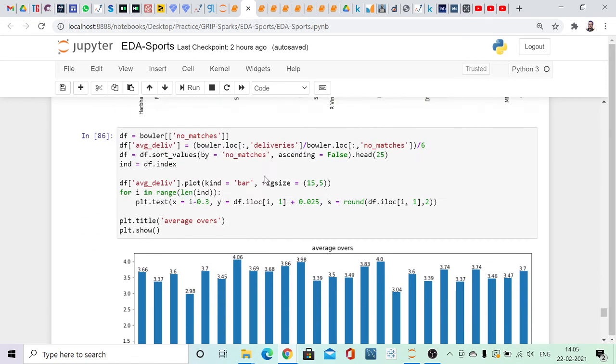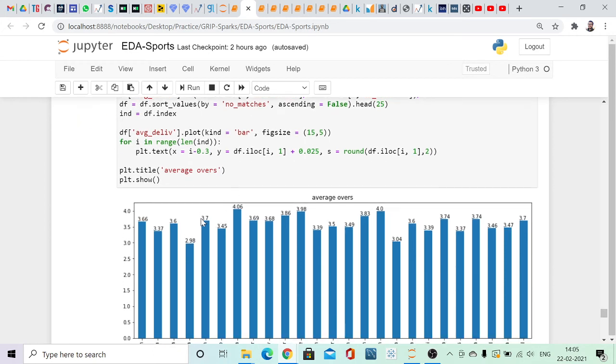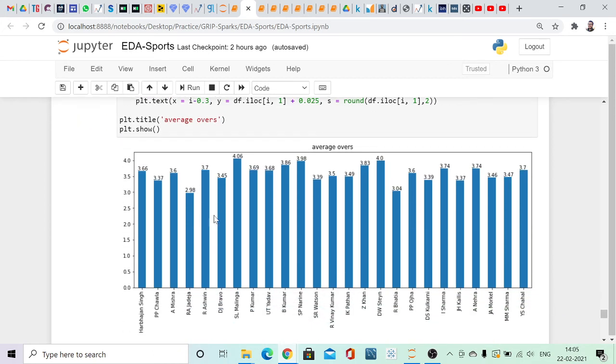Now if we look at the average overs bowled, we get to know which bowler has been preferred over the years. So we can see here that Ashwin, Harbhajan Singh, Malinga, Sunil Narine, Bhuvneshwar Kumar, Steyn, Saeed Khan, these bowlers have been preferred over the years.